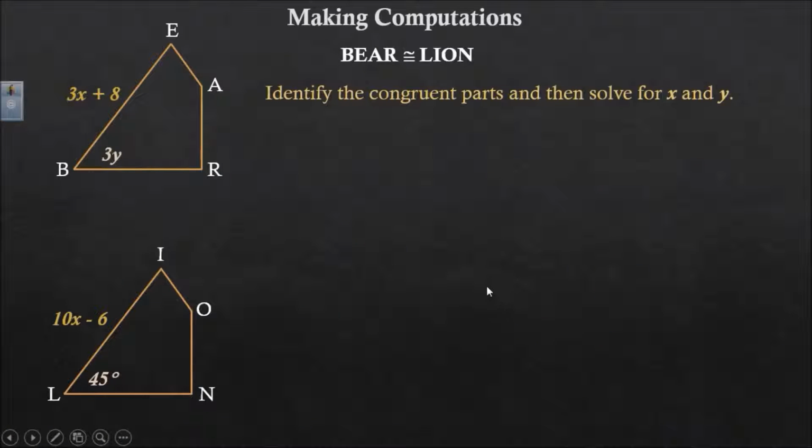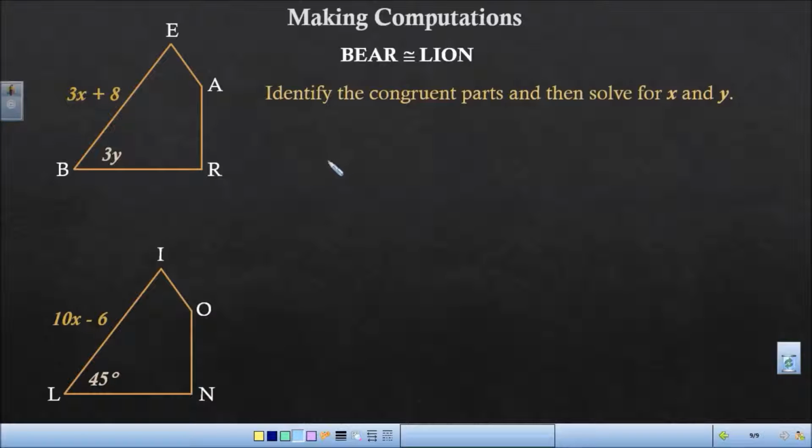All right, so when you have a statement like this one, BEAR is congruent to LION, and you have givens over here, what we can do is set up equalities. See, BE is 3x plus 8. So I come over here and I find BE. BE is congruent to LI. So BE is congruent to LI by CPCPC.